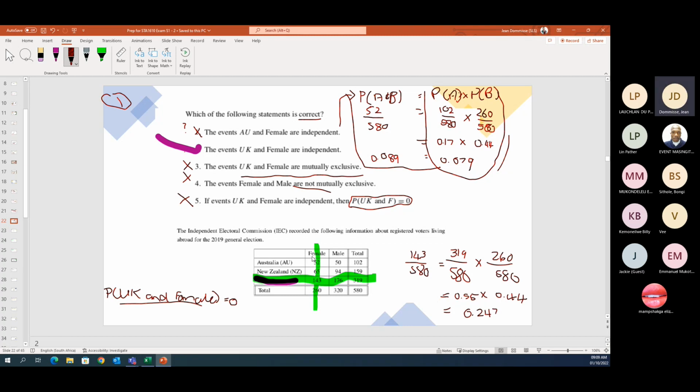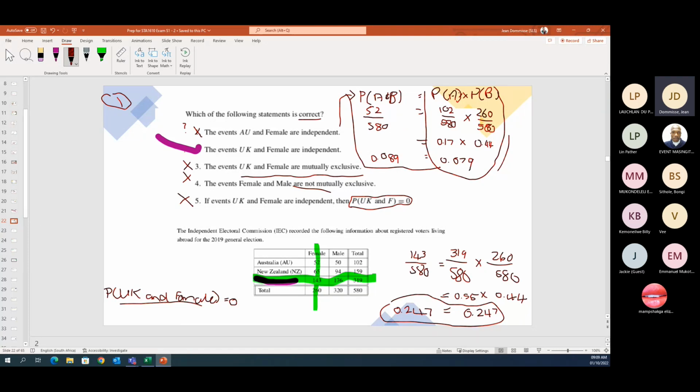I multiply those two out. 143 divided by 580 gives us 0.247. Okay, so those two are equal, which means events UK and female are independent.